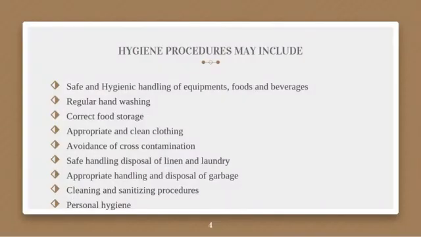So, hygiene procedures may include safe and hygienic handling of equipments, food, and beverages, regular hand washing, correct food storage, appropriate and clean clothing, especially in hotels, avoidance of cross contamination, safe handling and disposal of linen and laundry, appropriate handling and disposal of garbage, cleaning and sanitizing procedure, and personal hygiene.